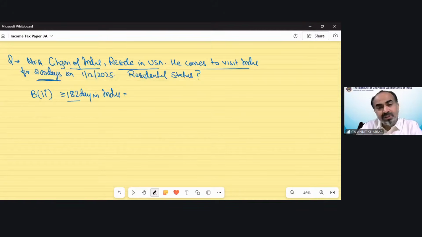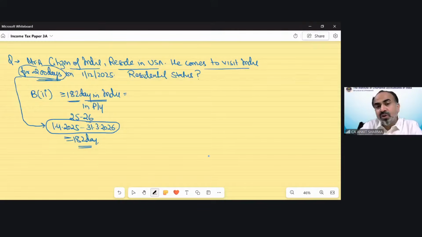Why? Because this condition says 182 days in India in the previous year, and our previous year is 25-26. That means we are talking about the duration from 1st April 2025 till 31st March. He comes on the first, 31 days of December, then January, then February, then March. So out of these 200 days, only some days will fall in my previous year.